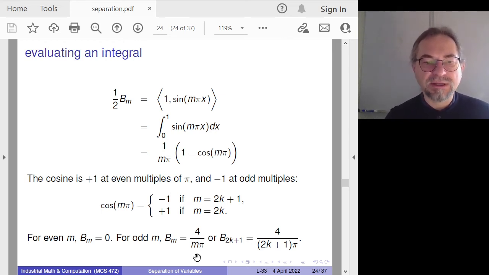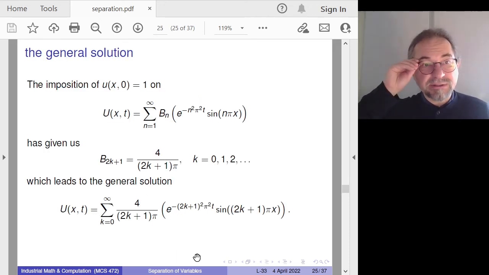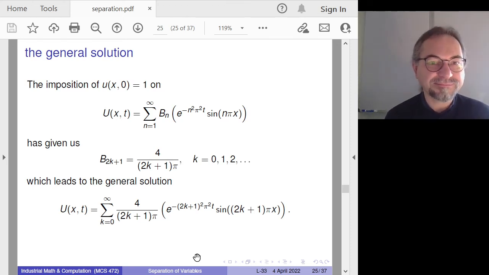And since we are looking at 2k plus 1, we're considering 1, 3, 5, all the odd natural numbers. Okay, so there it is. We have the general solution.